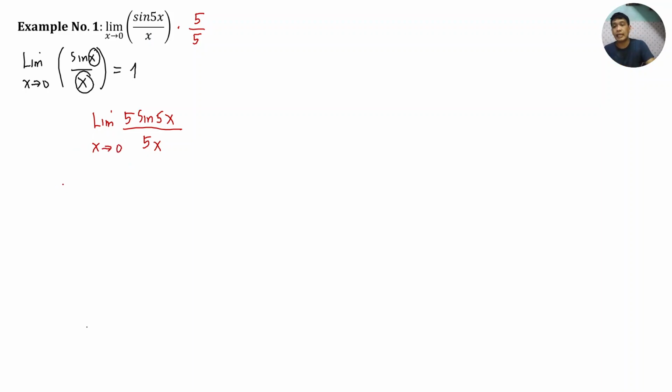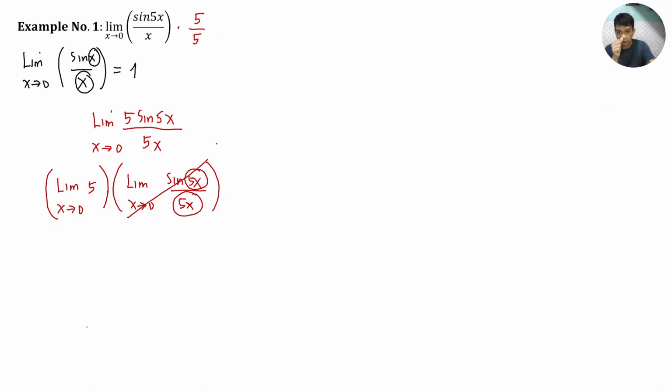So again, using the limit of a product, we will have the limit of 5 as x approaches 0 multiplied by the limit of sine 5x over 5x as x approaches 0. So meaning to say, the angle is now the same, so that gives us 1. The limit of 5 is a constant as x approaches any number. So this is 5 multiplied by 1. So the answer here is 5.